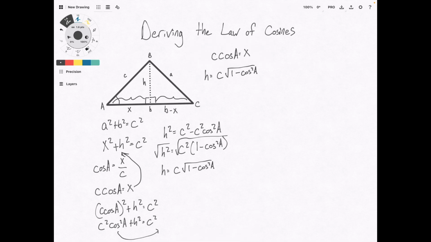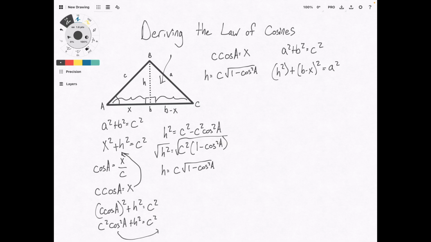Now we're going to look at this triangle, and we're also going to use the Pythagorean Theorem. a squared plus b squared equals c squared. But in this case, we have h squared plus b minus x on the bottom, squared, equals a squared.